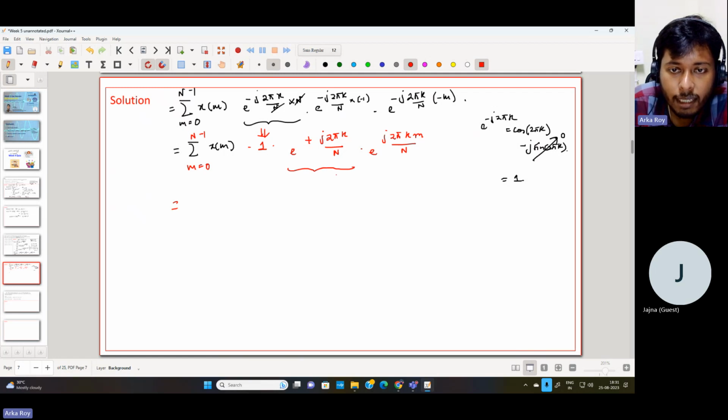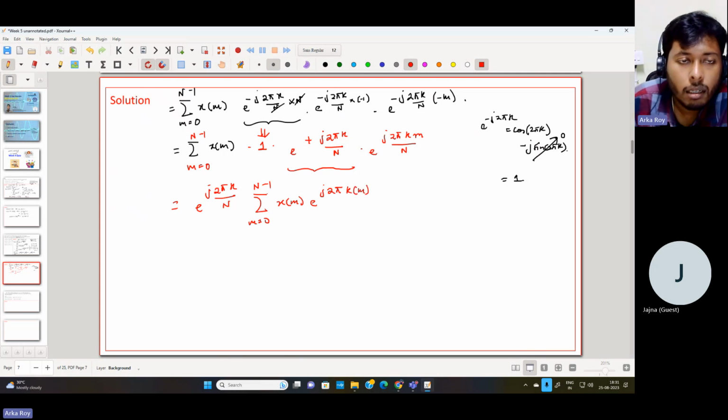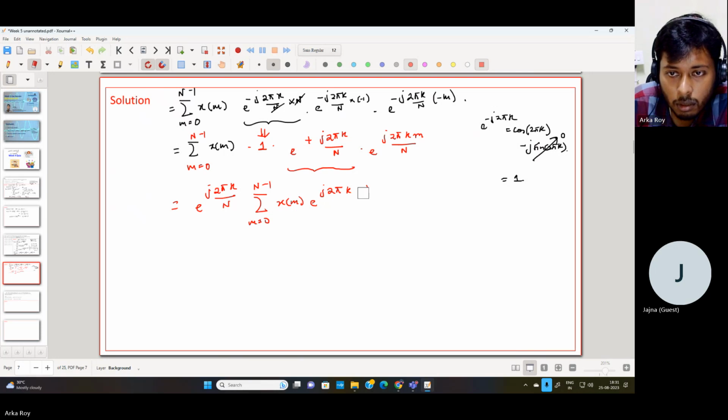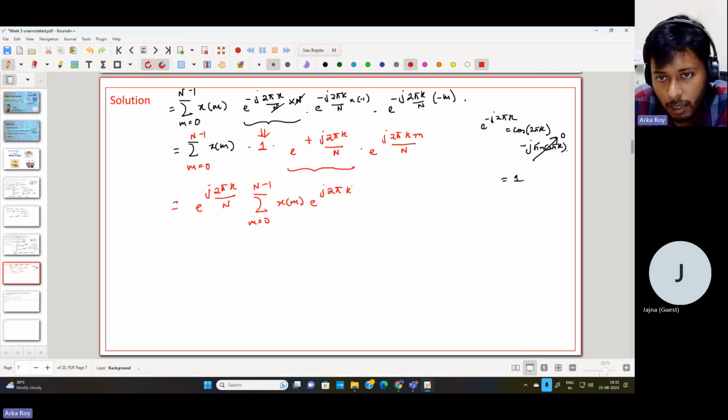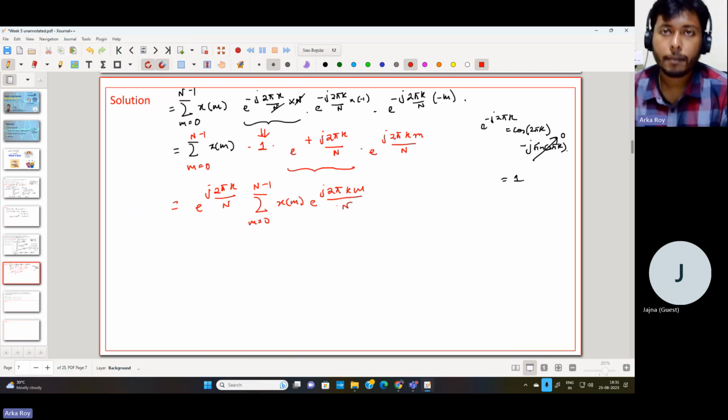Therefore, I can take this out from the summation. So I can write it as e to the power j 2 pi k divided by n, and then summation m equals 0 to n minus 1 x of m e to the power j 2 pi k m divided by n.